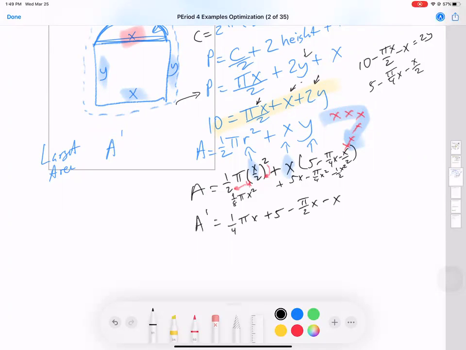I'm going to add the pi's together. Common denominator would make this a 2 over 4. So 1 minus 2, I'm getting 5 minus 1 over 4 pi x minus x.